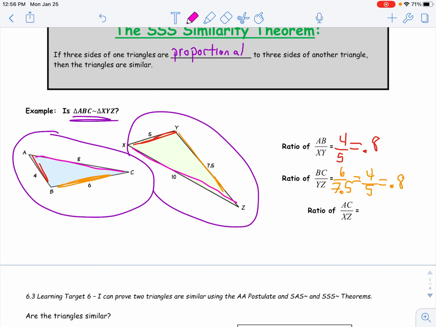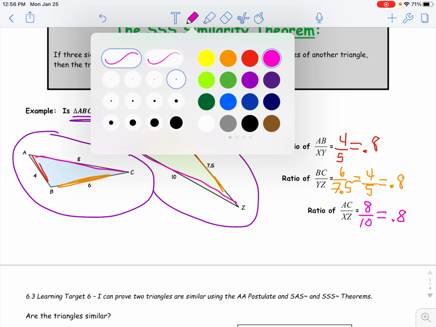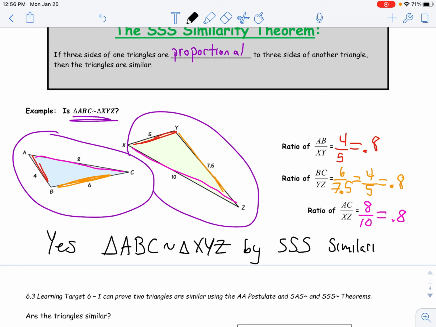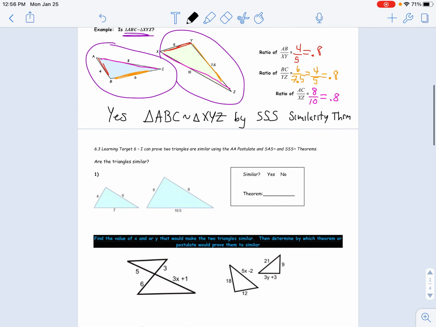And then the last one, AC and XZ, we got 8 over 10, which is 0.8. So is the triangle similar? We say yes. Triangle ABC is similar to triangle XYZ by the side-side-side similarity theorem. All right, that's it.